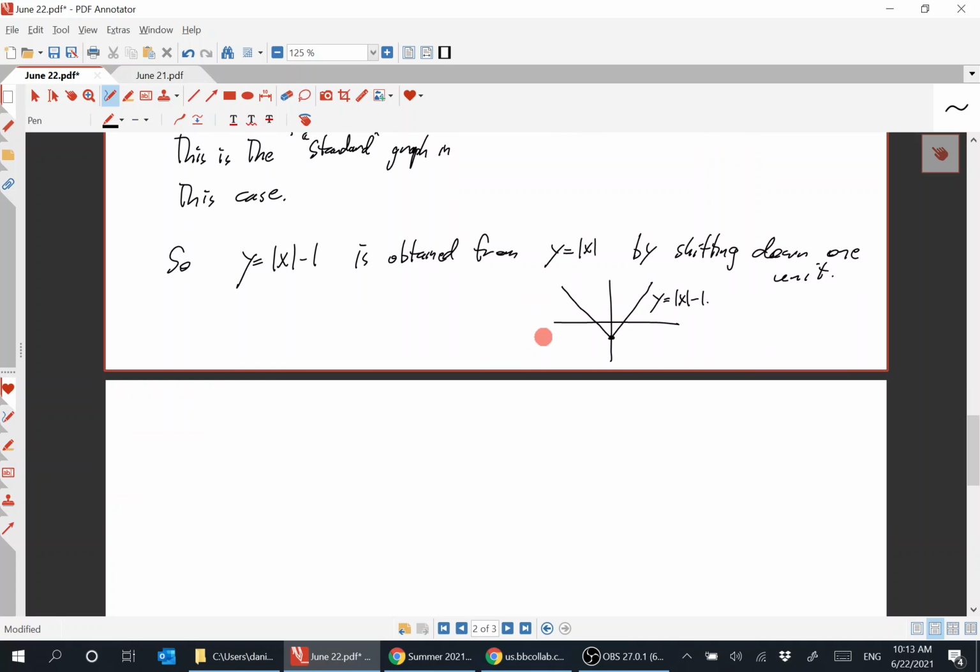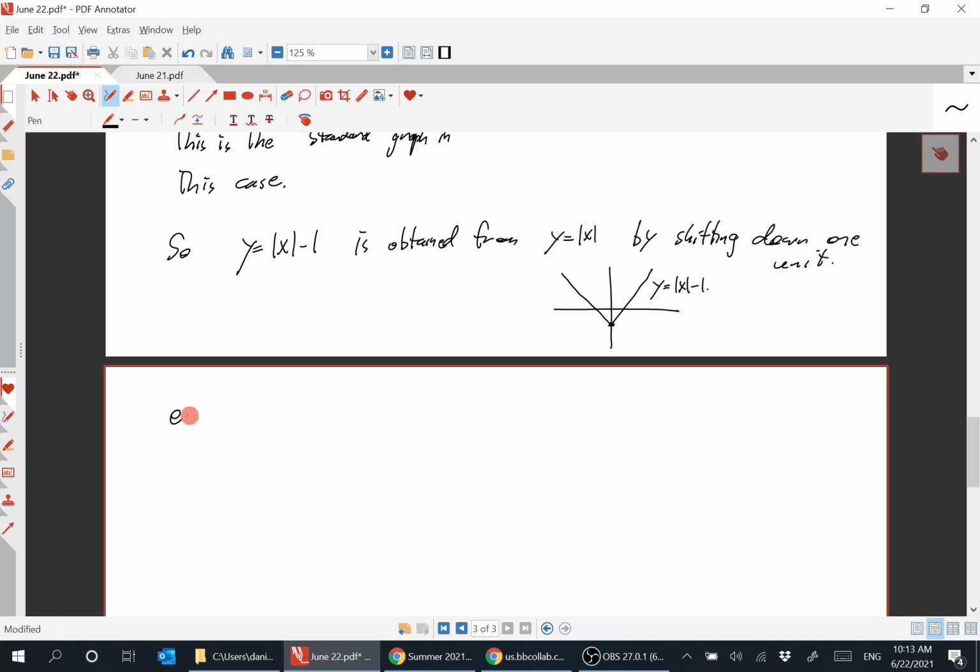So here's a little extra. Sketch the graph of y equals 1 minus absolute value of x. So instead of absolute x minus 1, I've got 1 minus absolute x. What's the relationship, again, between a minus b and b minus a?